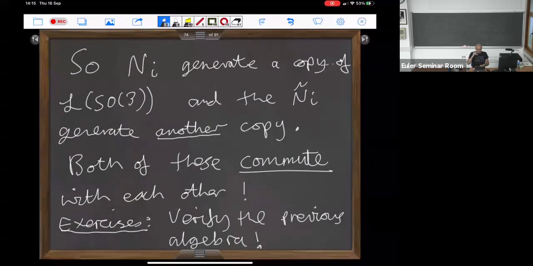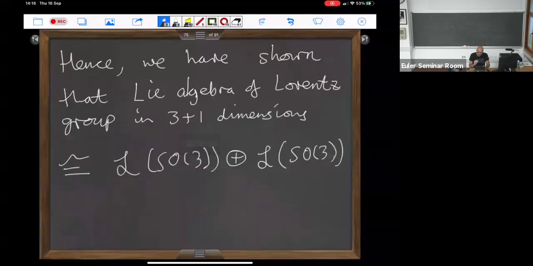That means that the n i's generate a copy of the SO3 Lie algebra, and the n i tildes generate another copy of the SO3 Lie algebra. So we have two independent copies which actually commute with each other. What that means is that the Lie algebra of the Lorentz group in 3 plus 1 dimensions is a direct sum of 2 Lie algebras, both of which are isomorphic to each other and isomorphic to the Lie algebra of the rotation group in 3 dimensions.